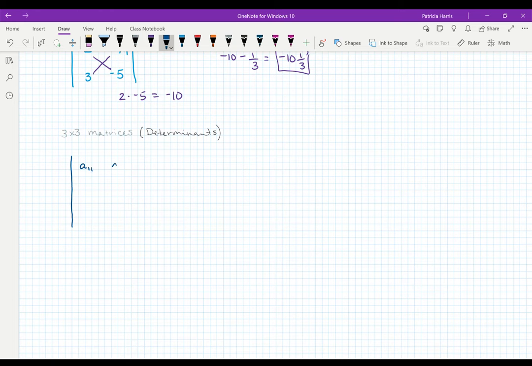Okay, so here's my matrix A, and here are my 3x3 entries. Remember, we do row by column. Okay, so the first thing you're going to do when you want to find a 3x3 determinant is rewrite the first 2 columns. Just literally copy them over.